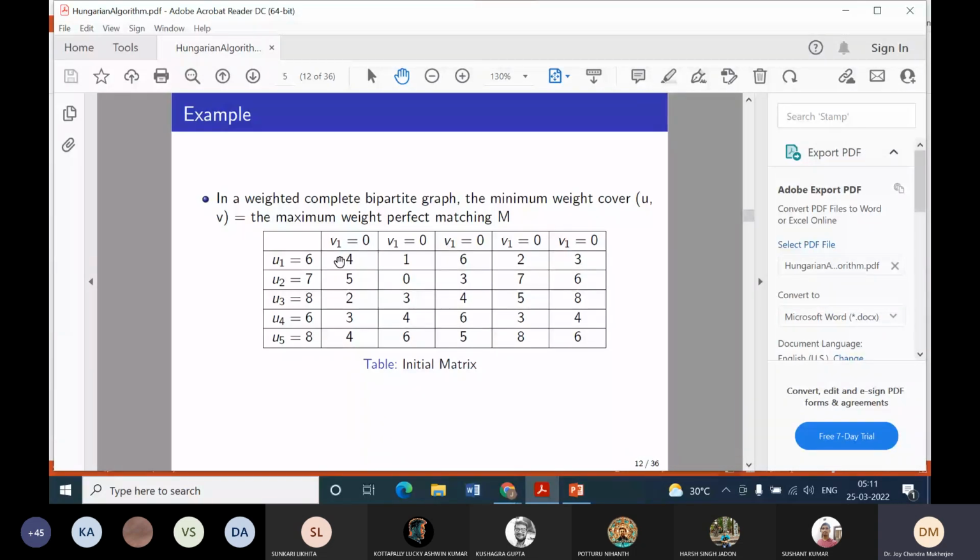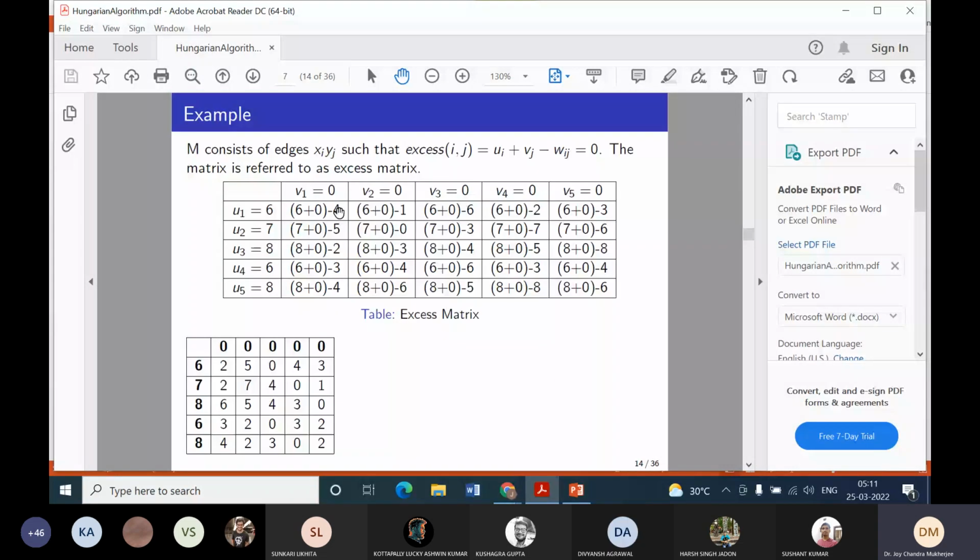What is excess? ui plus vj minus wij. So 6 plus 0 minus 4, that is 2. 6 plus 0 minus 1, that is 5. 6 plus 0 minus 6, that is 0.